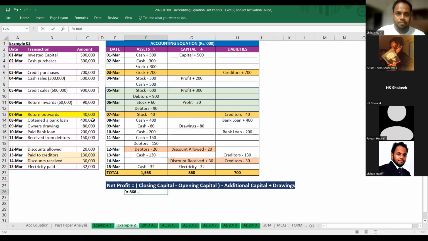Opening capital is 500. Additional capital, there is nothing. Drawings 80. So 868 minus 500, 448.